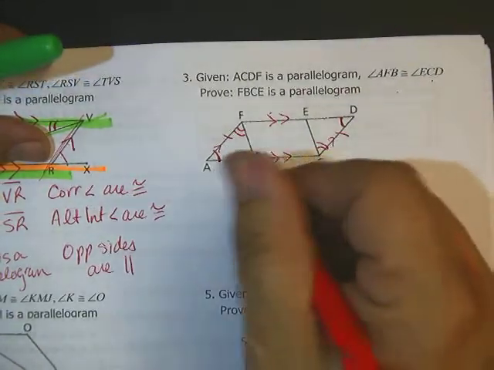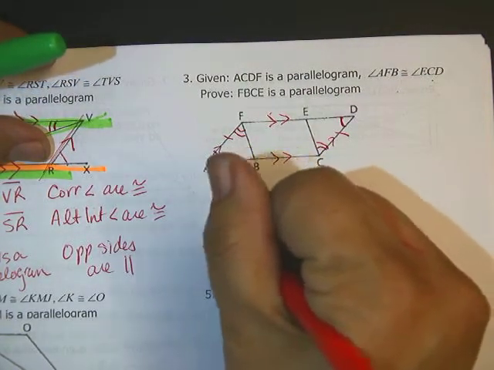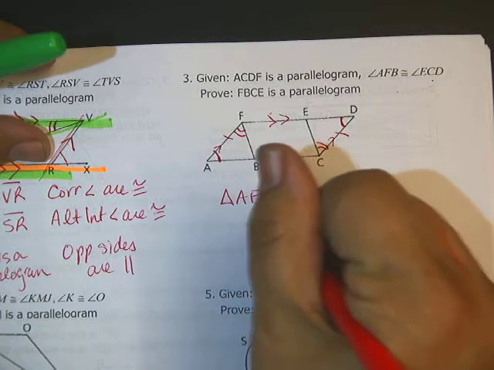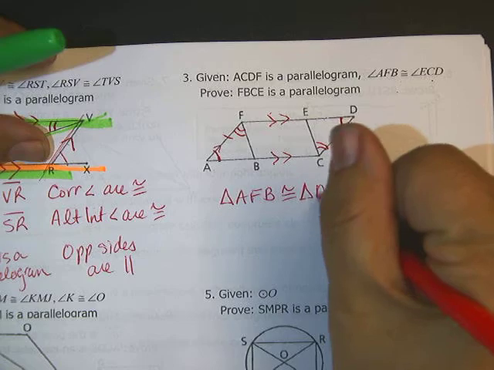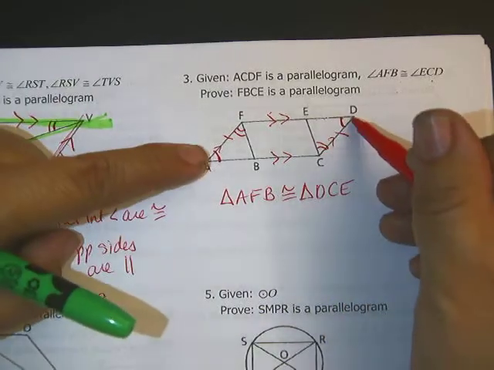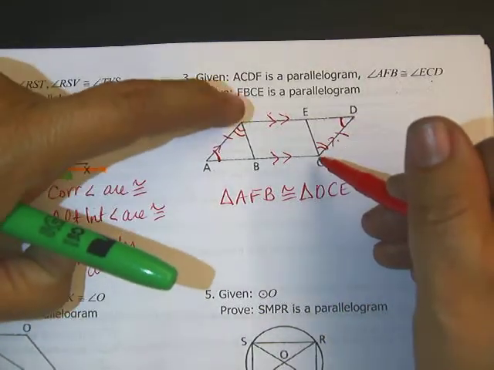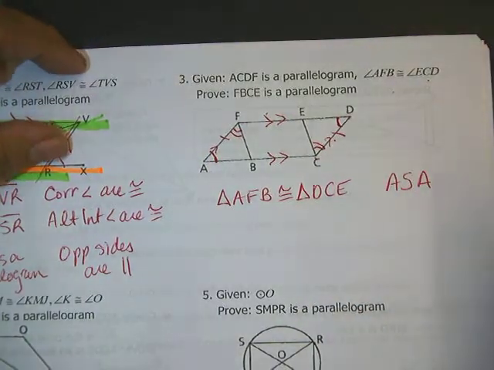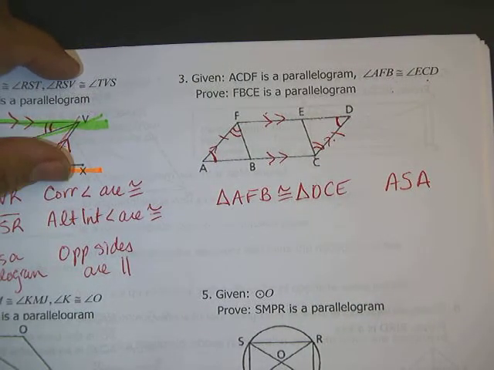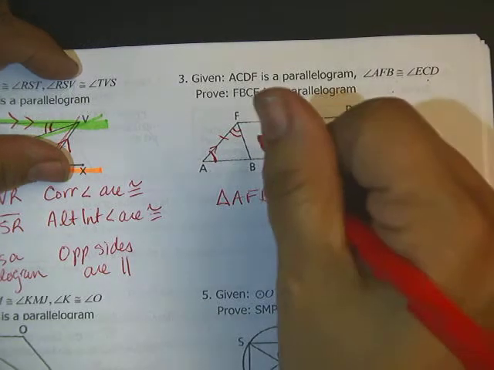I have triangle AFB and triangle DCE. Those two triangles have to be congruent. Triangle AFB is congruent to triangle DCE. And why is that? Because they have an angle, a side, and an angle congruent. So that's by angle, side, angle.